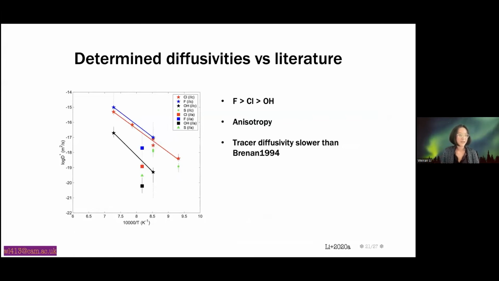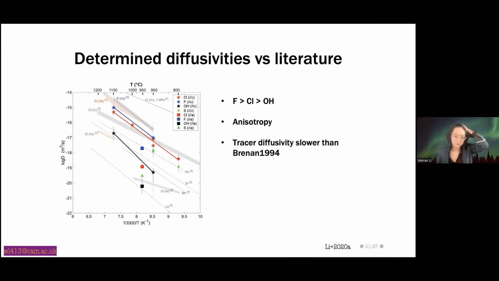If we plot them in log10 diffusivity versus temperature space, we get these Arrhenius relations that are quite linear. We see that fluorine diffuses faster than chlorine and hydroxyl, and there seems to be a strong anisotropy of chlorine, with much faster diffusion parallel to c than the a-axis, which is consistent with what Brenan found.